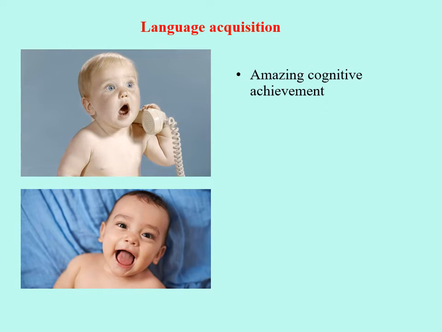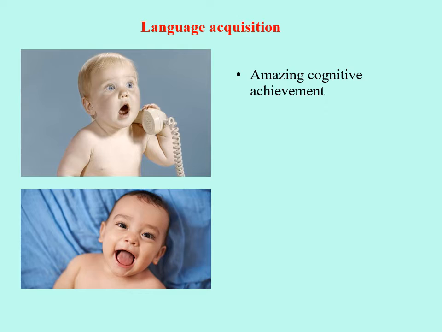Probably the most amazing cognitive achievement of humans is their ability to learn language by age 2. If you think about how a newborn infant who is not even able to coordinate their bodily movement reaches the stage by 2 or 2.5 years of actually effectively using language.